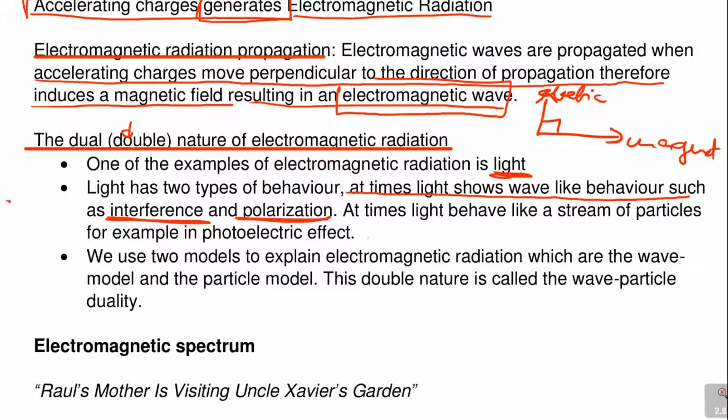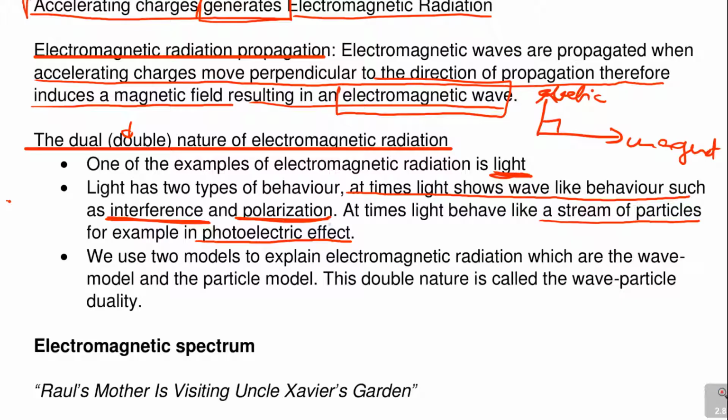At the same time, light behaves like a stream of particles, for example in the photoelectric effect, which you are going to learn at a later stage in grade 12. So light can behave like a wave, and it can behave like a stream of particles. This is called the dual nature.